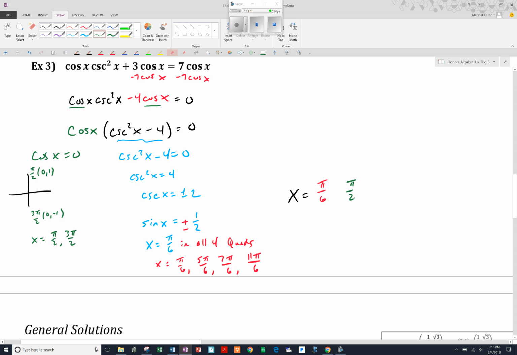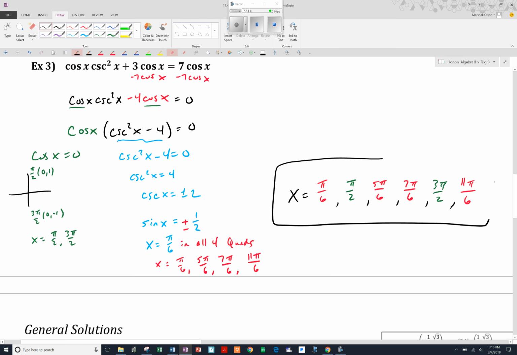And then 5 pi over 6, 7 pi over 6, 3 pi over 2, and then finally 11 pi over 6. We have 6 different answers to this equation here. All 6 would work in the original equation.